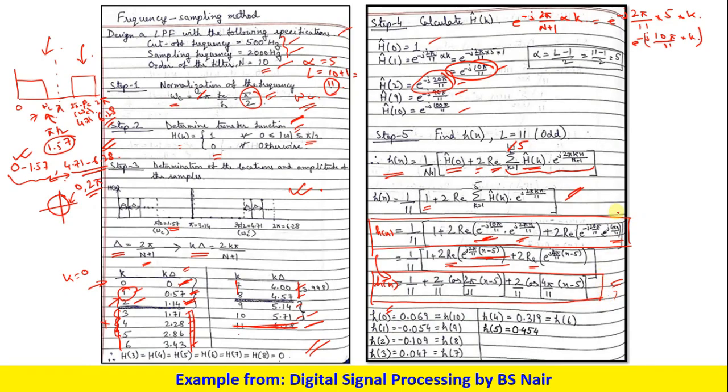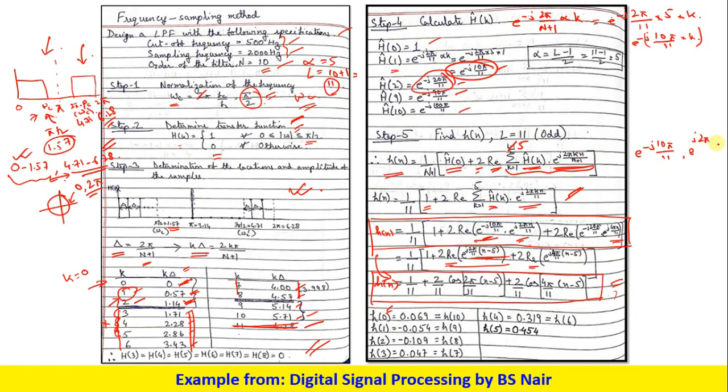Here, h cap k into e to the power, if you see the second one, e to the power minus j 10 pi by 11 multiplied by e to the power j 2 pi. What is the value of k we have taken initially? Here we have taken the value when k is equal to 1. So here it is 1.